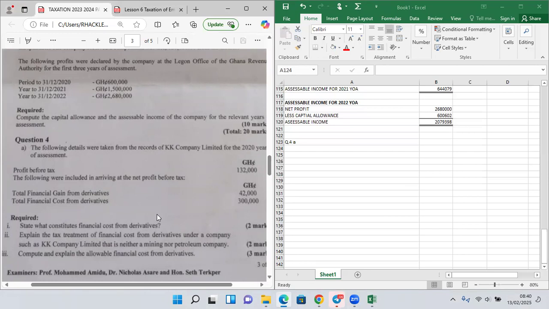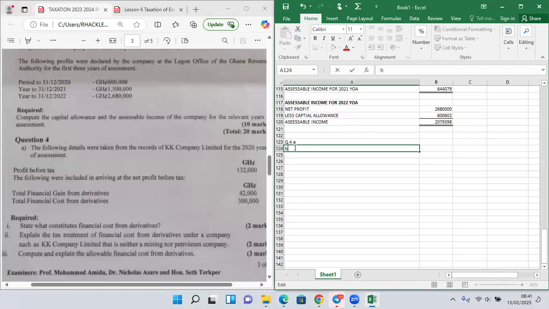So any excess can be carried forward for the next 5 years and are used in the order they are incurred, right? So we'll compute it very soon and you understand why it is this way. We've done this in our tutorial set already. So if you've been following all the tutorial sets, none of these questions should trouble you. And here they say we should compute and explain the allowable finance cost.